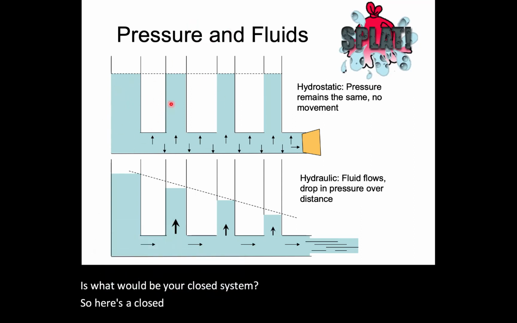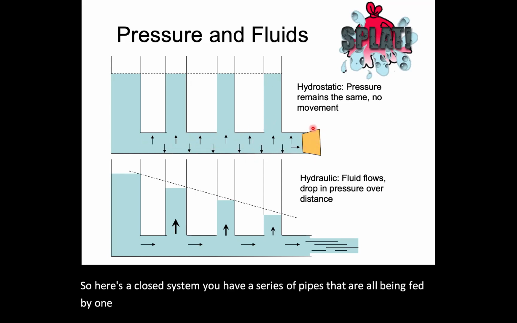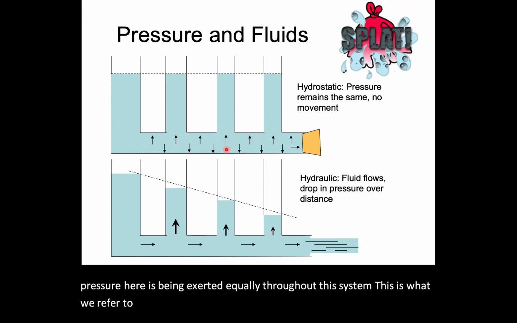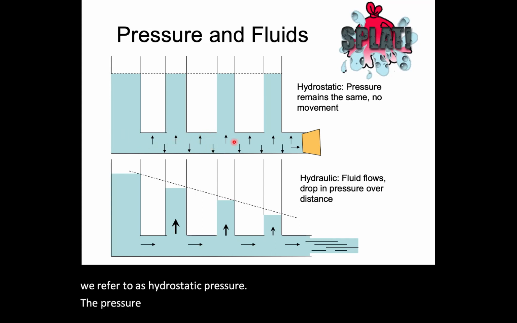You have a series of pipes that are all being fed by one supply. And at this end here, it is closed. And so you can see that the pressure here is being exerted equally throughout this system. This is what we refer to as hydrostatic pressure. The pressure remains the same no matter where you are within this system.